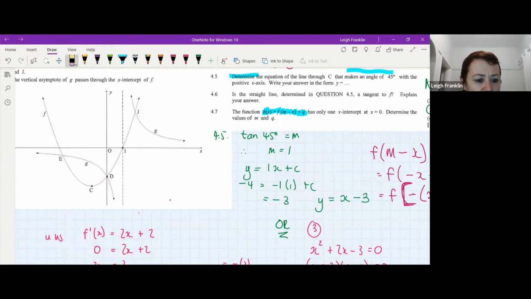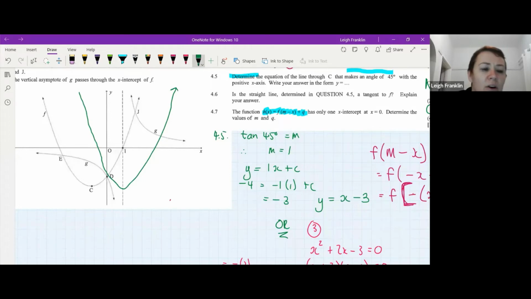Okay, so Cassandra, we are taking our graph and we are reflecting it over the y-axis. Okay, so I'll try and draw this as neatly as I can. When we reflect it over the y-axis, oh, that's a horrible parabola, but anyway, does that make sense to you?